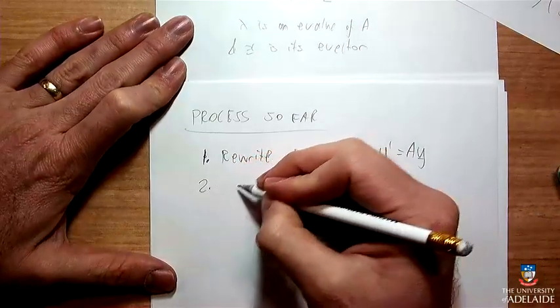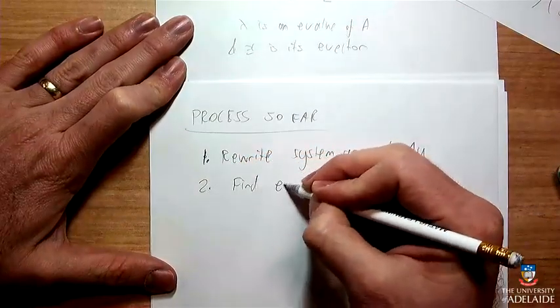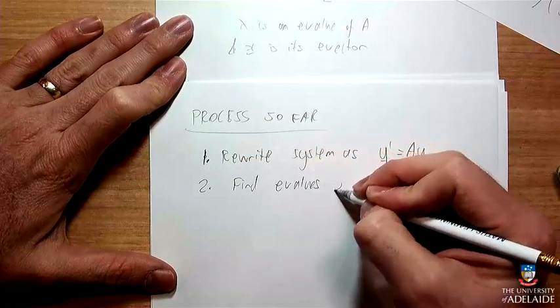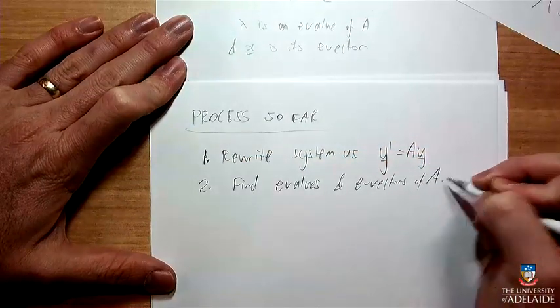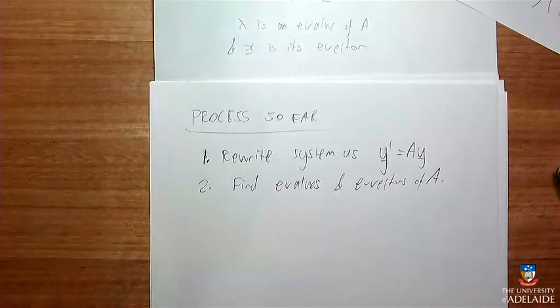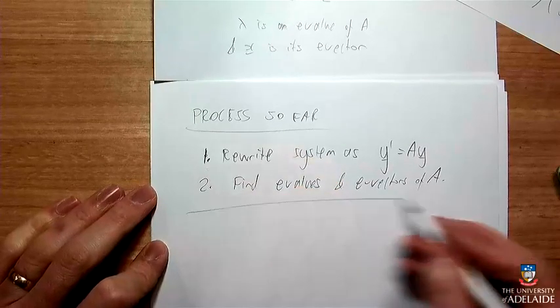And now we're going to have to find the eigenvalues and eigenvectors of A in order to solve our problem. That's our process so far. As I go on, I will add to this process. I will probably rewrite the process every page that I do it so that by the end there will be a full list.